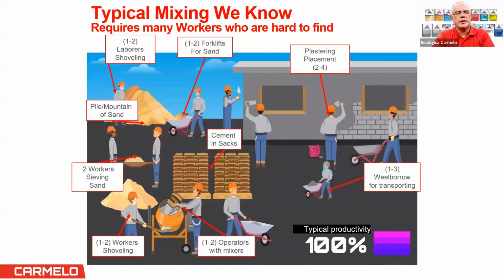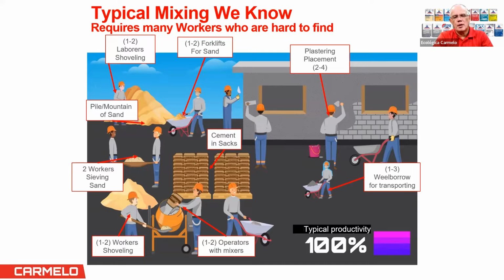So in a typical mixing area, you would have almost 14 people, people working with sand, people mixing or sieving the sand as well, getting it finer, bringing in cement. So you have piles of powders and sand. Then you have people mixing in the cement mixer or concrete mixer.